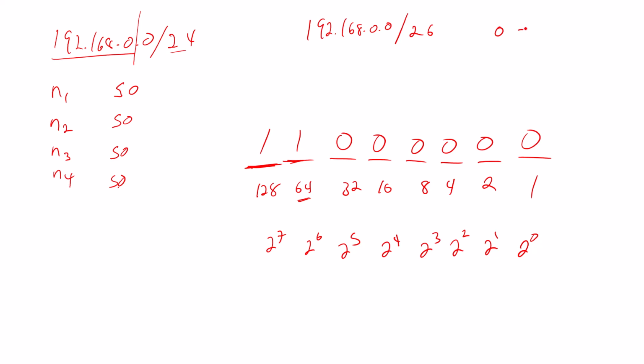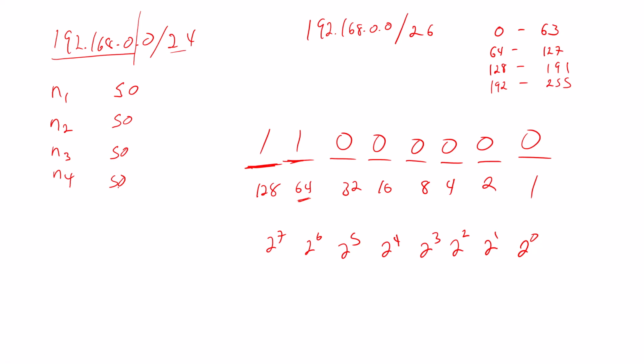So the first network will be 0 through 63, 64 through 127, 128 through 191, 192 through 255. So those are our 4 networks.